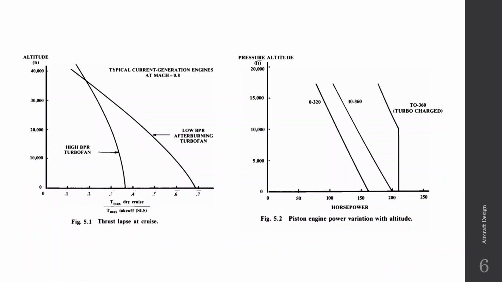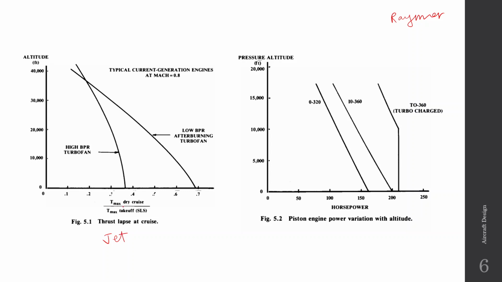Okay, now moving forward. These are some figures that I've taken from Raymer's book. These figures depict how the thrust and the power change with altitude. The first one is for jet engines.